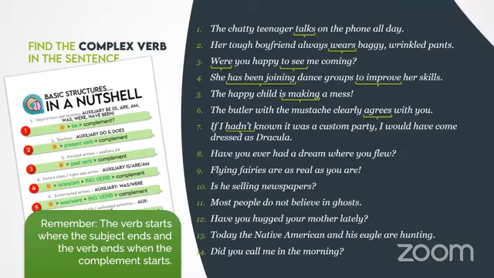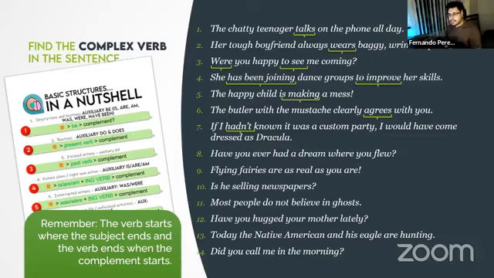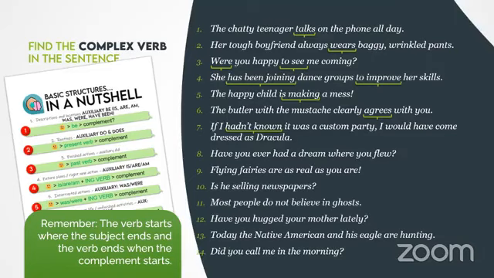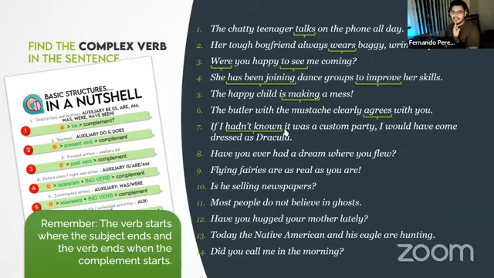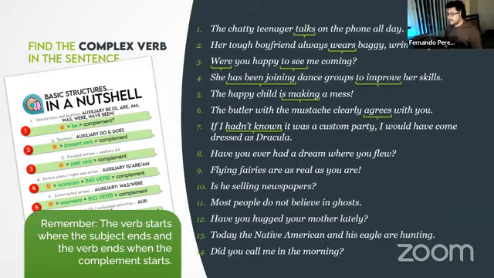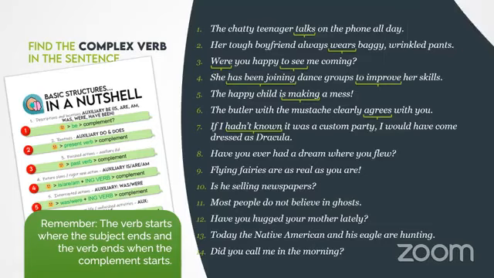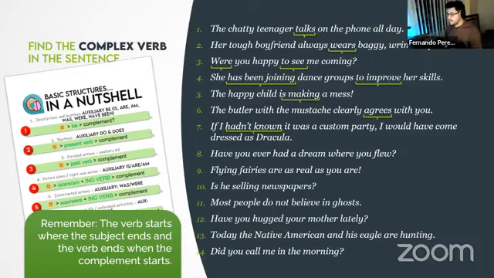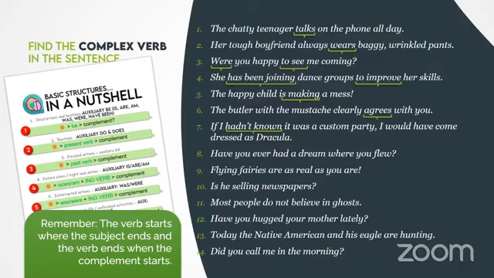So complex verb number 1: hadn't known. Pronunciation, known. Excellent. Hadn't known. And second, it was.